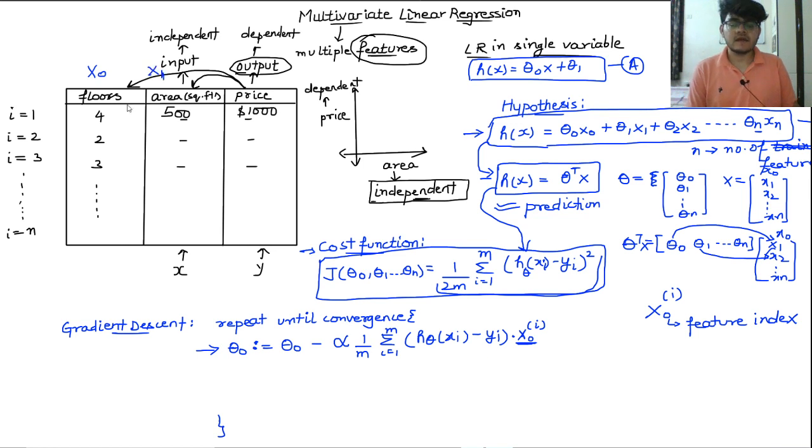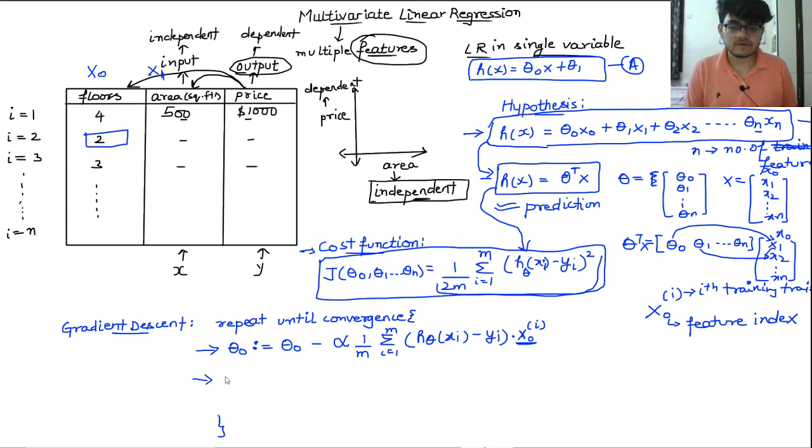So x0 represents the feature index, which is floors, and the i represents the ith training example. So if i equals 2, then we are trying to get this value, which will be the value of x0 of 2, and we will multiply it here.